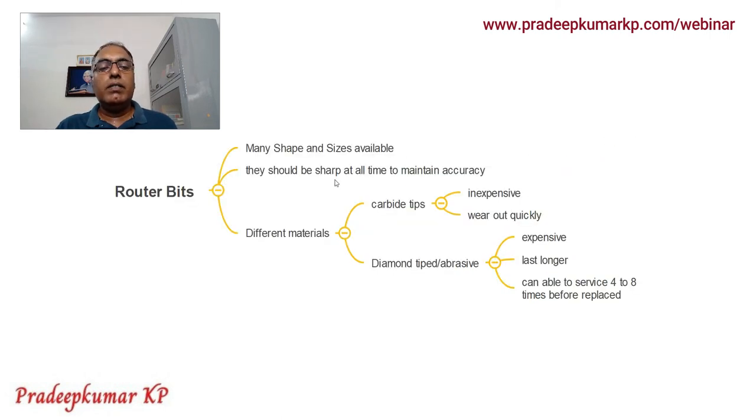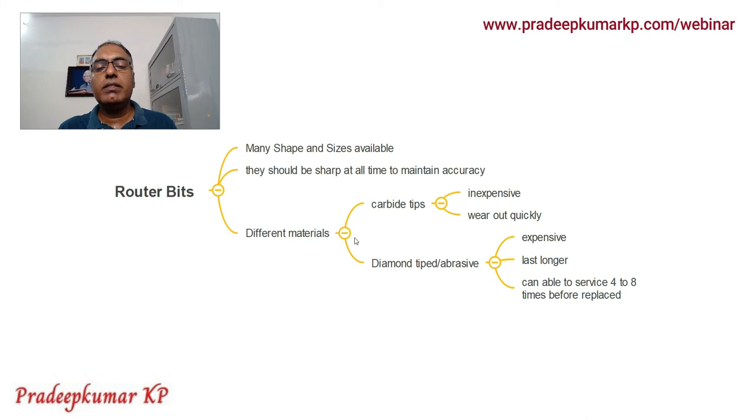Now we will see the main supplementing item, the cutting tool, because the quality and the geometry of the cutting tool is very important for getting the final result. Many shapes and sizes of tools are available. They should be sharp at all times to maintain high accuracy, so that we get a good finish.